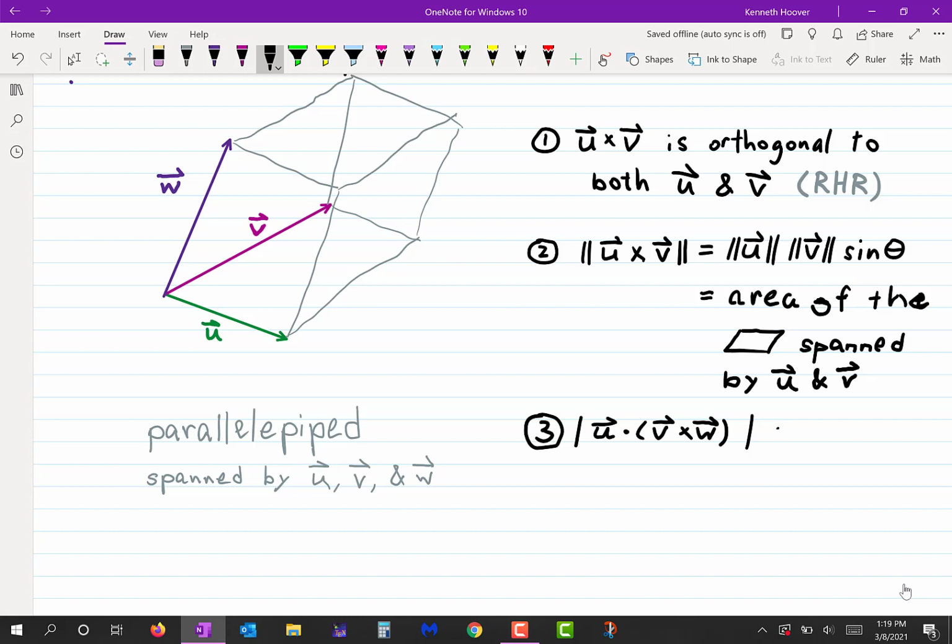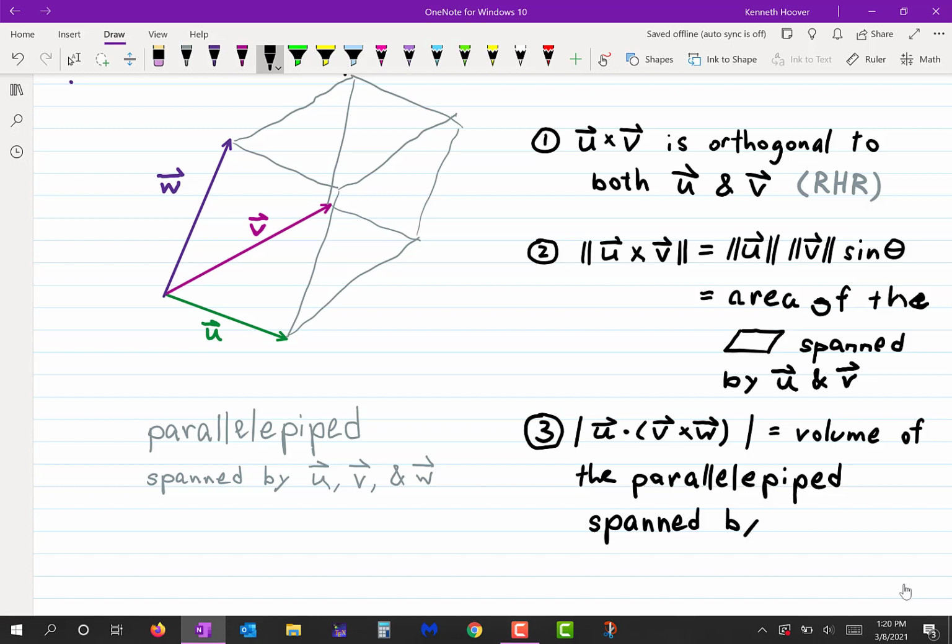So that equals the volume of the parallelepiped spanned by u, v, and w.